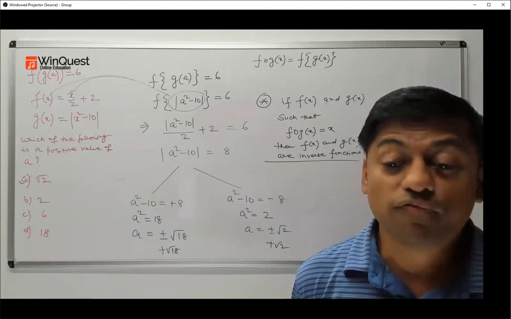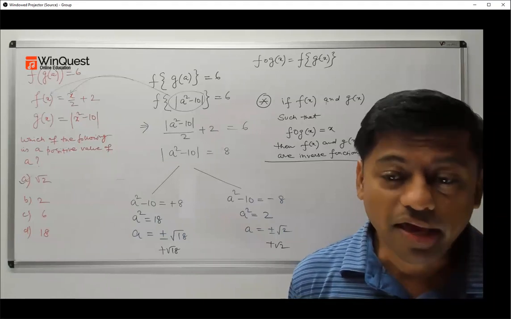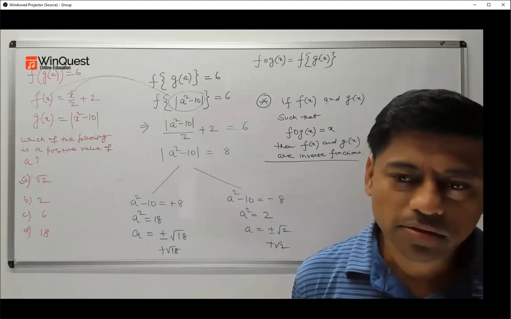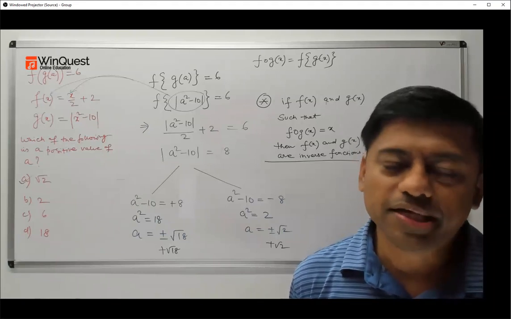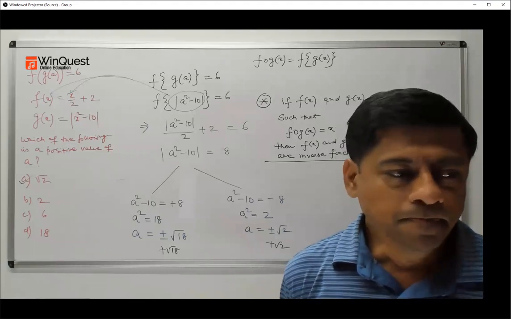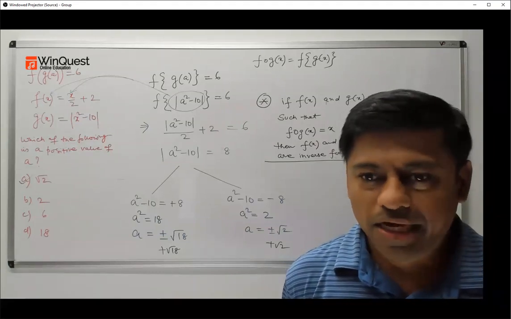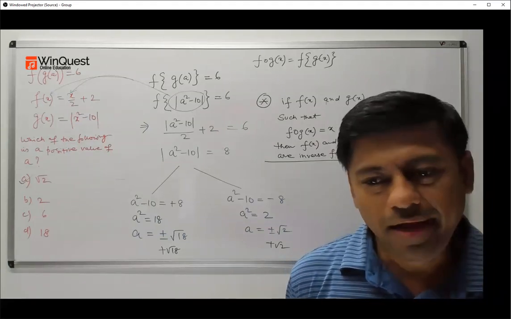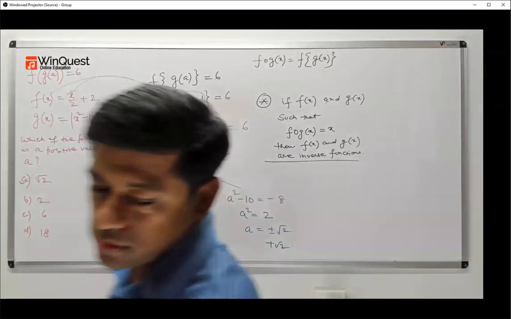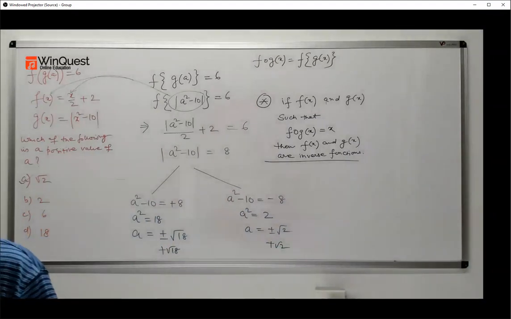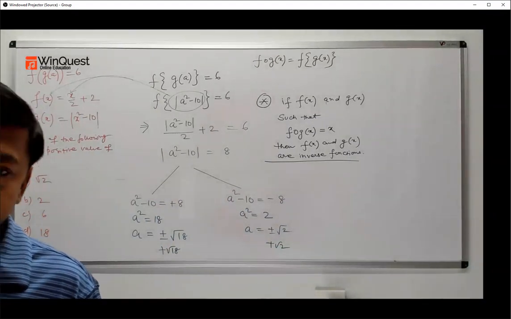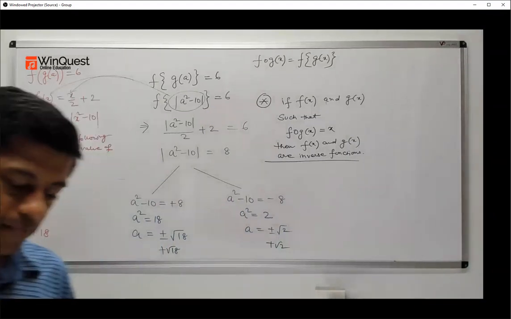If f of g(x) equals x, then both functions f(x) and g(x) are inverse to each other. I will just stick to this rule. I am not going to explain in detail how and why it is working.